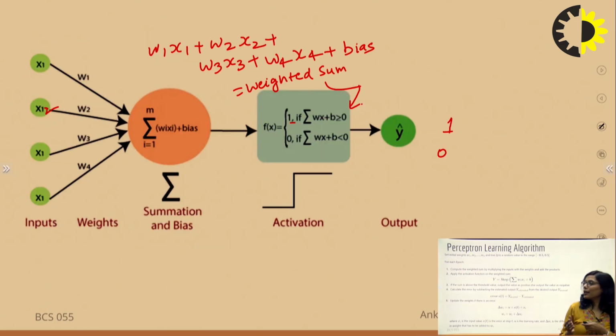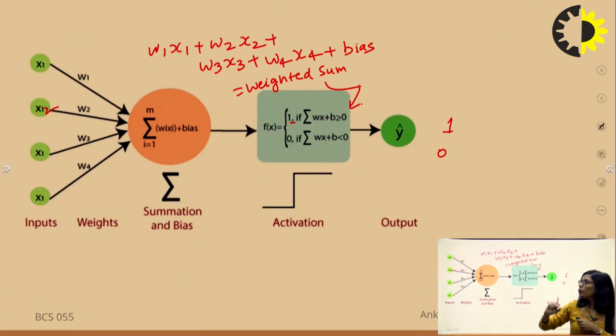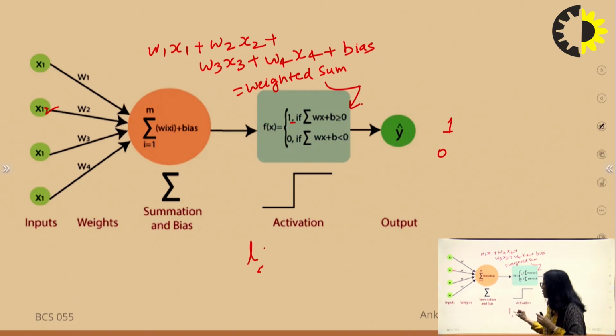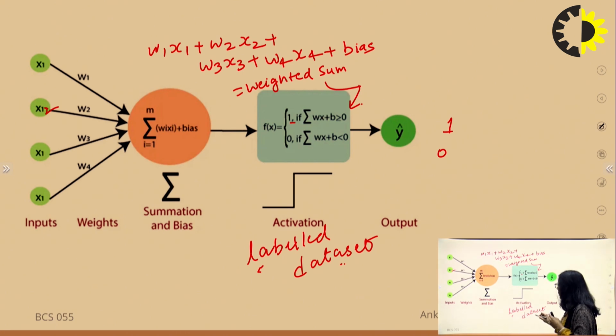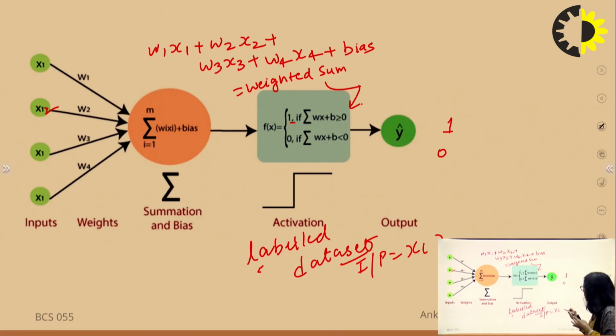We are training our neural network with a labeled data set. In a labeled data set, I will have the inputs, suppose x1, x2, x3, and I will also have my output, suppose y. So in my data set, I will be provided with the input as well as the output.